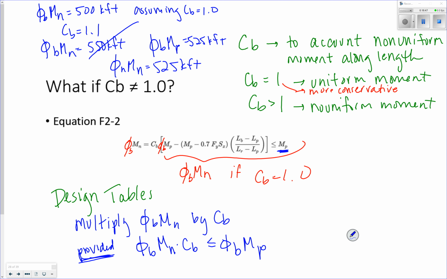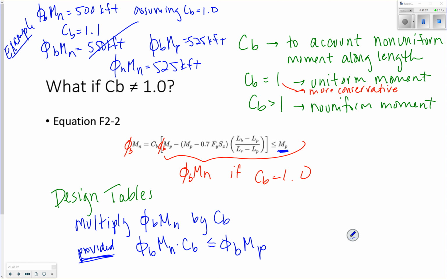Always limited by your plastic moment capacity. That's just, if I read something from the design table, I can just multiply by the Cb.